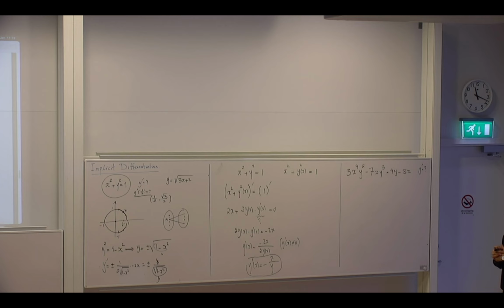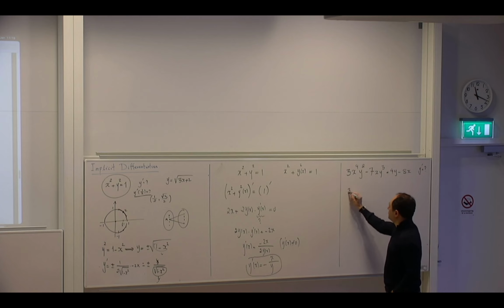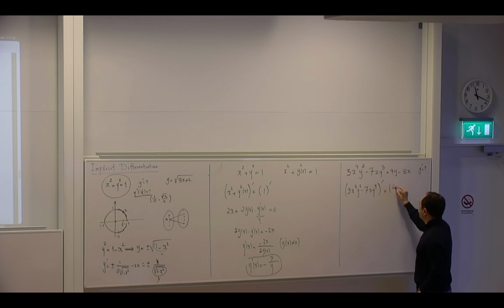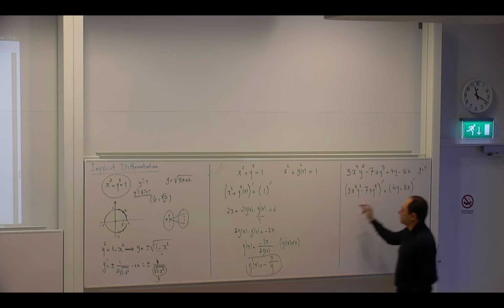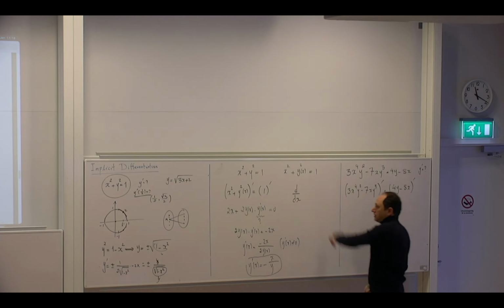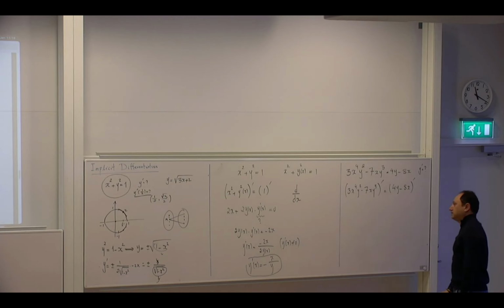Okay, so what should we do? Let me write all these steps. The first thing you do, you differentiate both sides with respect to x. This prime means differentiation with respect to x. If you want, instead of prime here, you can use this Leibniz notation, d dx. It means that you are telling to the person who looks what you are writing that the differentiation is with respect to x.